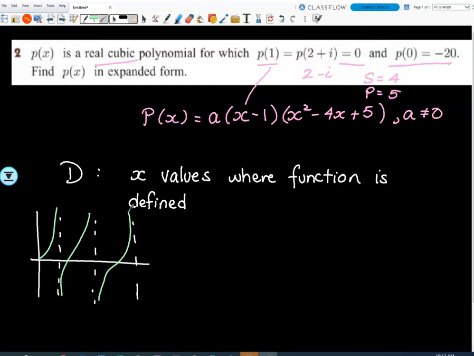Why is there no solution there? It's sin x over cos x. So your tan function is sine over cosine, and you will find that your asymptotes appear where the cosine is equal to 0.